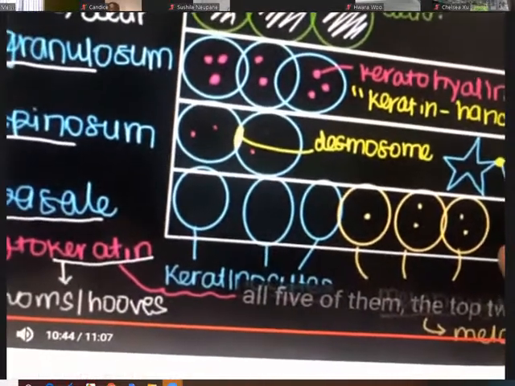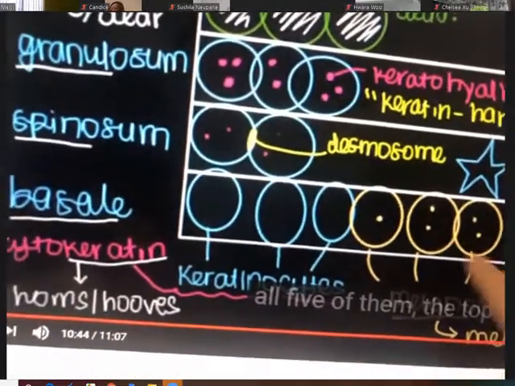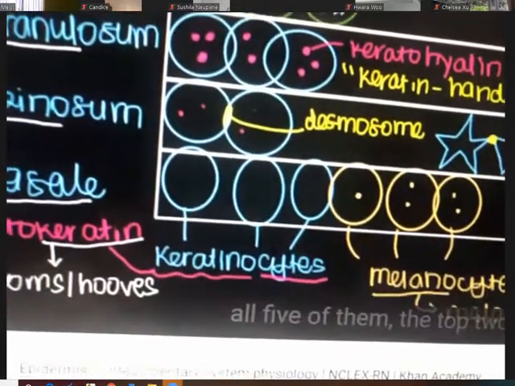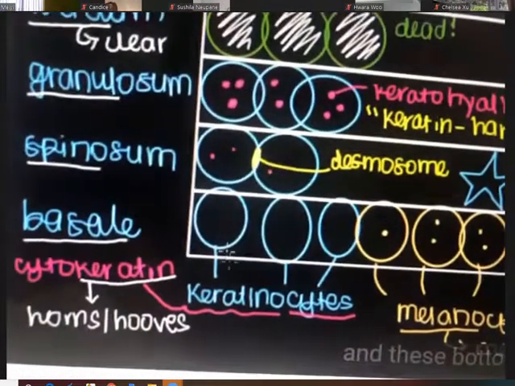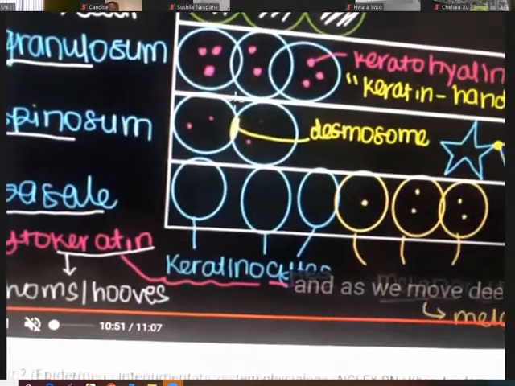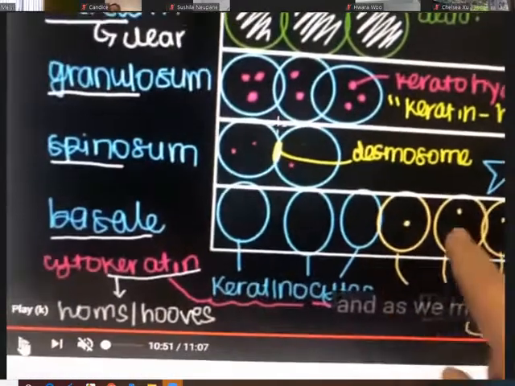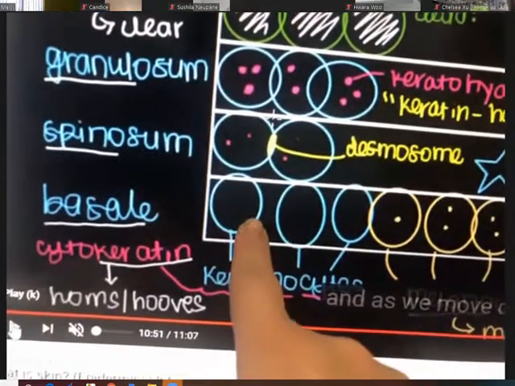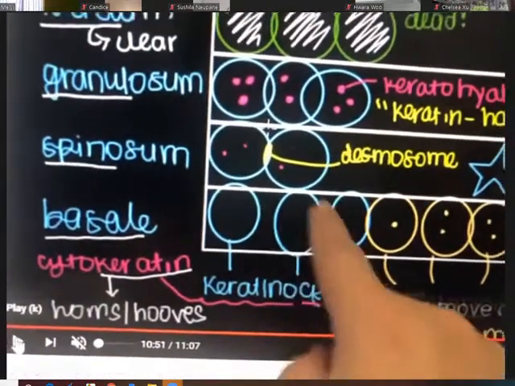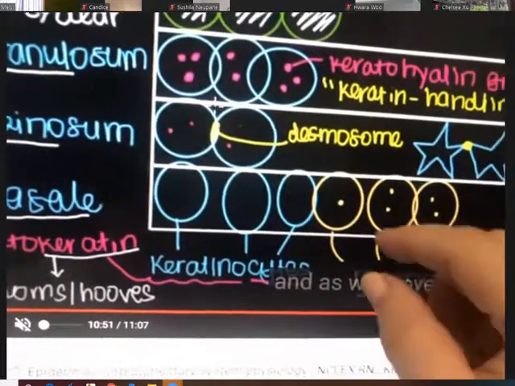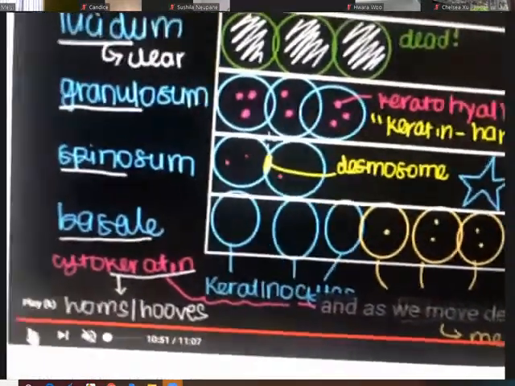The melanocytes. The top 2 being dead. You see here? And these are the melanocytes, deeper 3. So in your basal layer, you will find 2 kinds of cells: keratinocytes, which is the skin cell, and melanocytes, which is the cell that produces pigment.